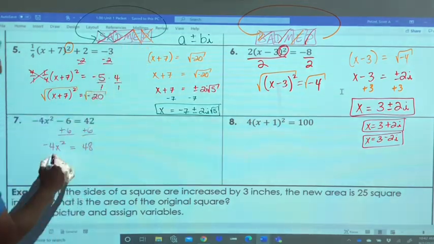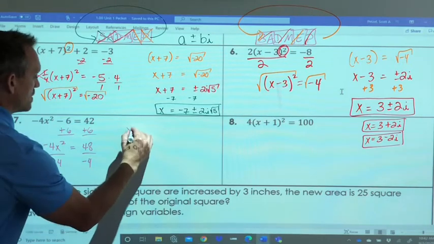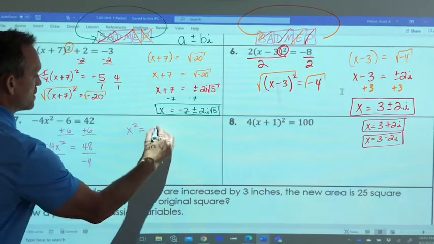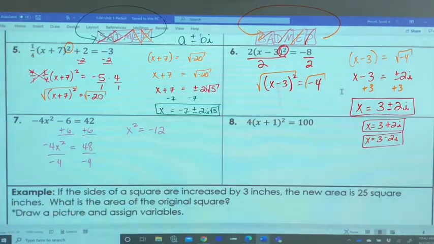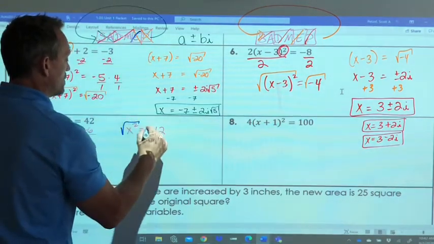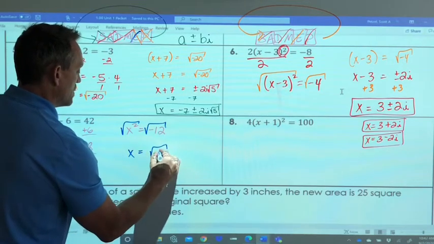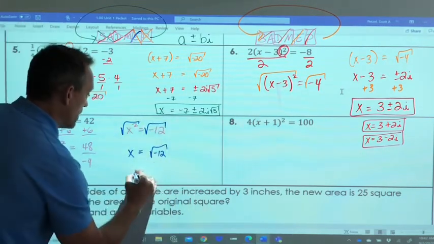Multiply, divide. Divide. Exponents, square roots. Simplify.